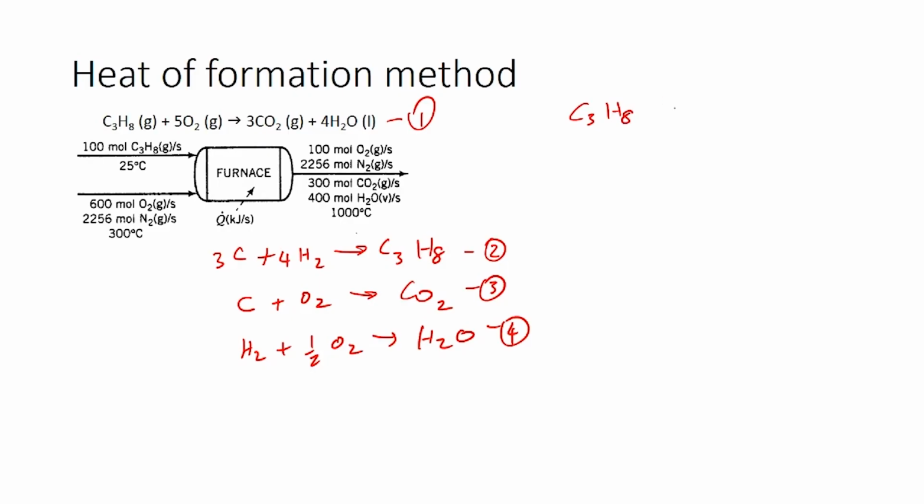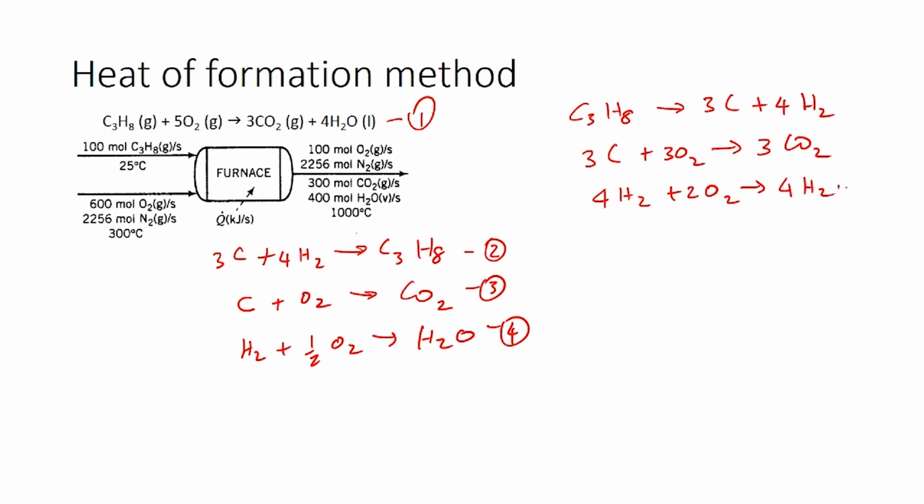So, if we were to do this, what you end up with is C3H8, the reverse of this reaction, gives 3C plus 4H2, and you have multiplied the third equation by 3. So, you have 3C plus 3O2 gives 3CO2, and the fourth equation becomes 4H2 plus 2O2 gives 4H2O. Now, 3 carbon and 3 carbon get cancelled, 4 hydrogen and 4 hydrogen get cancelled.